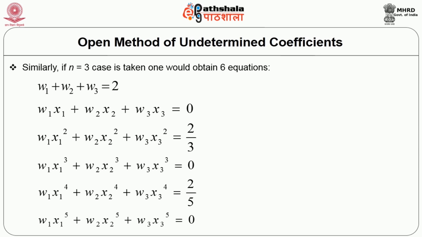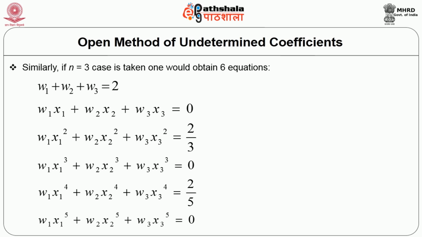These equations are: sum of the weights is 2, W1 plus W2 plus W3 is 2; W1 x1 plus W2 x2 plus W3 x3 is 0; W1 x1 square plus W2 x2 square plus W3 x3 square is 2 by 3. This can be derived very easily, the way we did in the previous example. W1 x1 cube plus W2 x2 cube plus W3 x3 cube will come out to be 0, integral of x cube being an odd function.